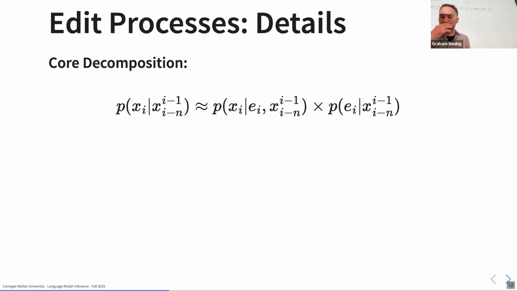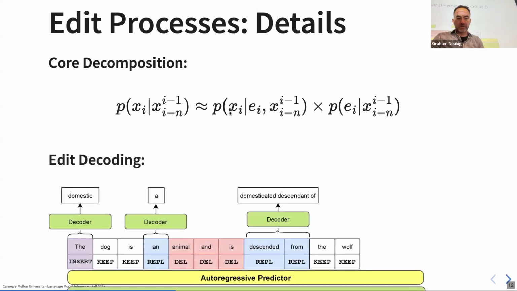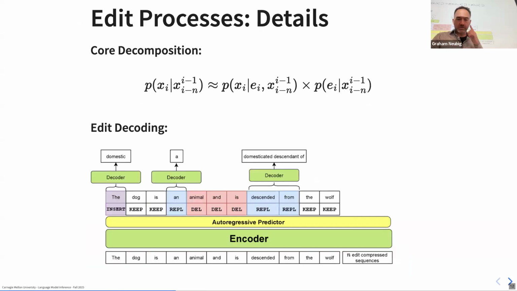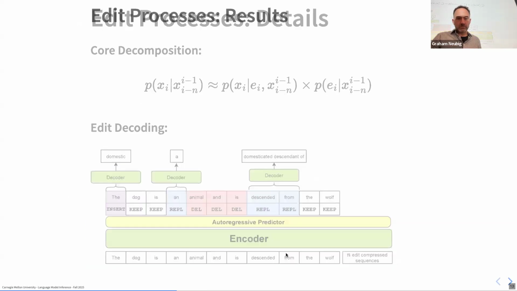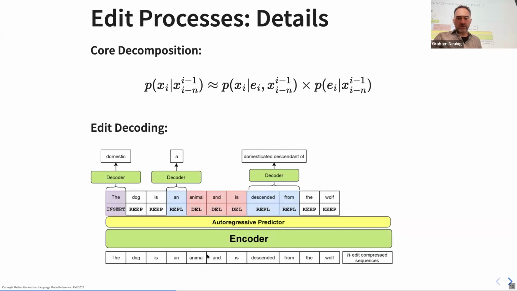So this is the core way we decompose. We have a prediction from the previous states and the edit sequences corresponding to the previous states, and we predict the edits. And then given the edits, we predict the output content. The first thing we do is we have a predictor where the predictor, for each of the tokens, predicts whether we want to insert something there.